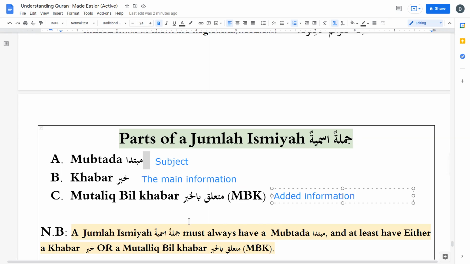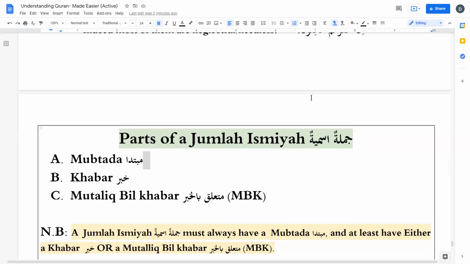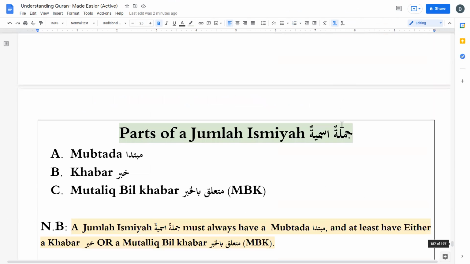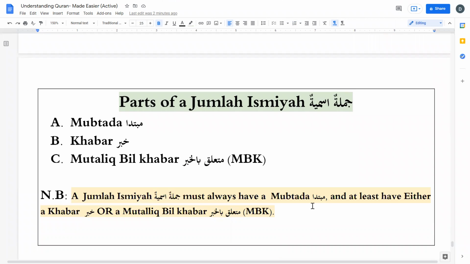Now another important thing: in Jumlah Ismiyah, sometimes you find mubtada and khabar only. Let me clear these writings and go up. Like in this, you have mubtada and khabar, mubtada and khabar, mubtada and khabar. Sometimes you have only mubtada and muta'alliq bil khabar, but you don't see the khabar.